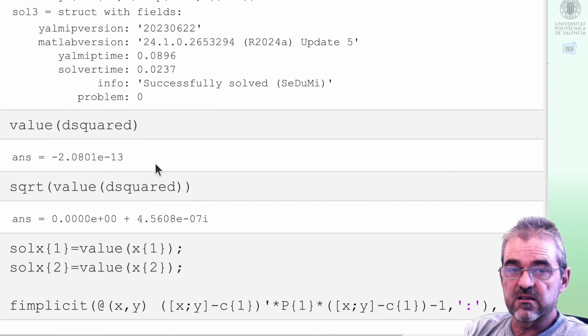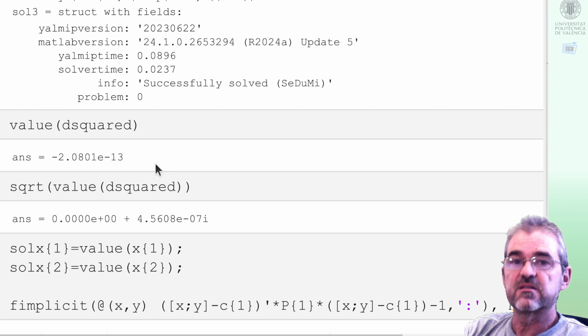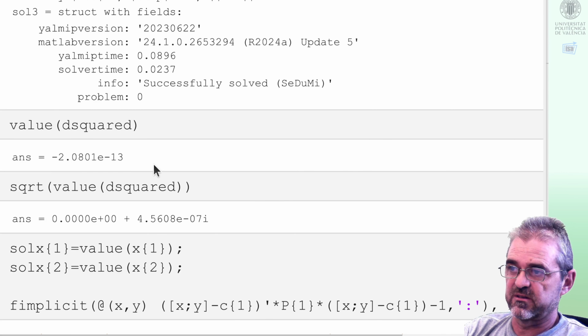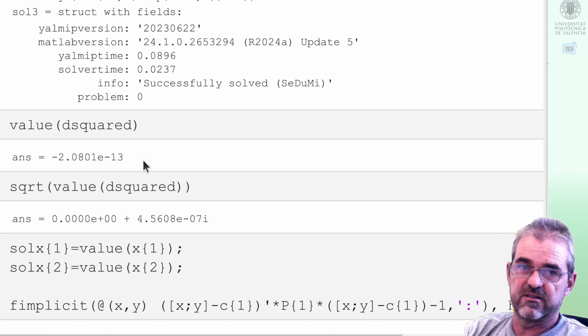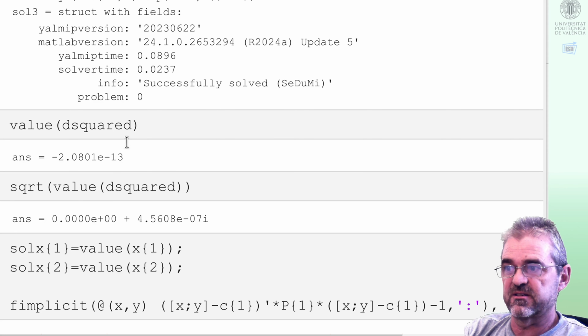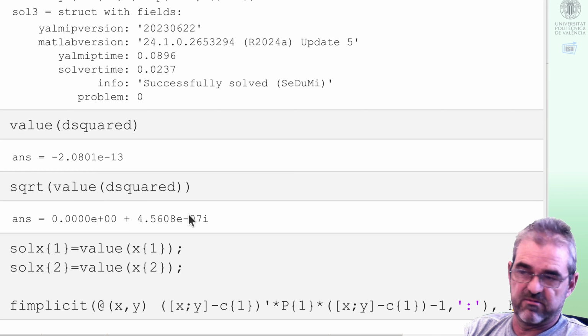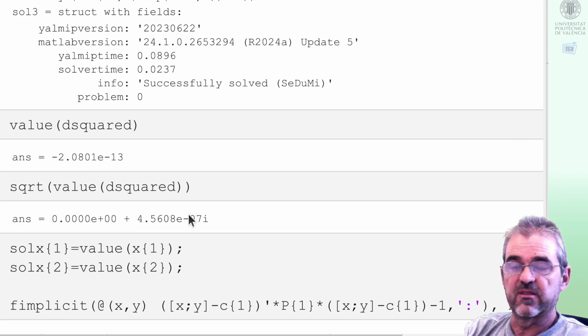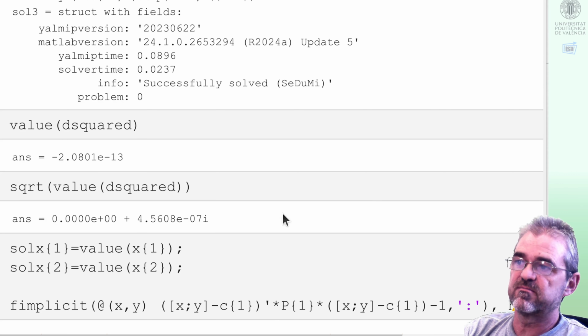How the hell is it negative? Well, okay, it's a matter of tolerances of my numerical solvers, okay? It's 0. Distance squared is not negative, but okay, just let this be 0, and the square root is 0, apart from those tolerances of the 13th decimal digit.